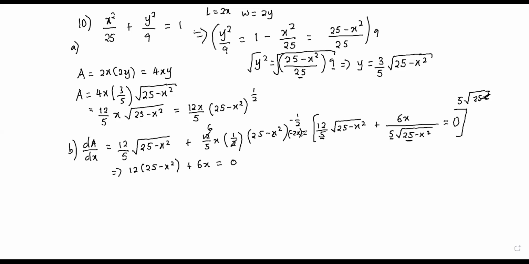So here I could have minus 2x, so that this becomes a minus, and this becomes minus 12x squared.